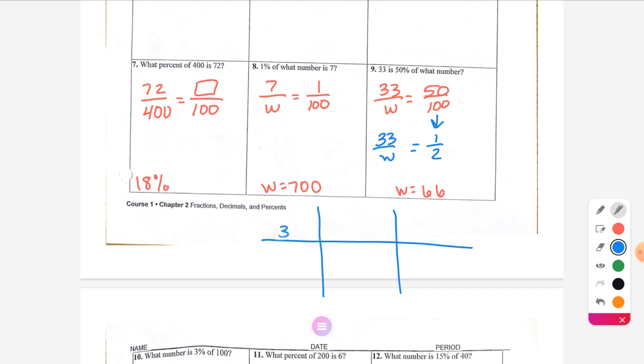So 3, 3, 6, so there's the answers to 10 through 15. I want you to do the same thing. If you haven't worked them yet, I want you to try and work them. If you had already done them and missed them, I want you to rework them. Then we will do the bottom 3 together.